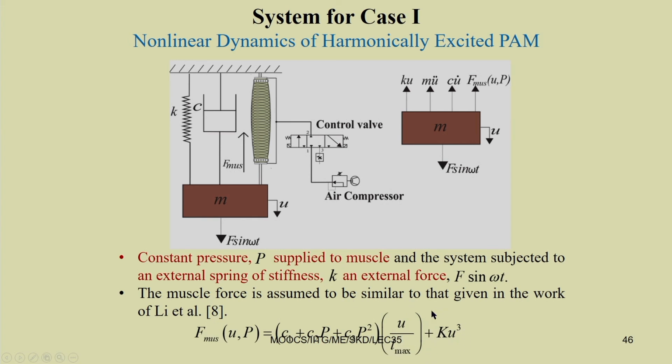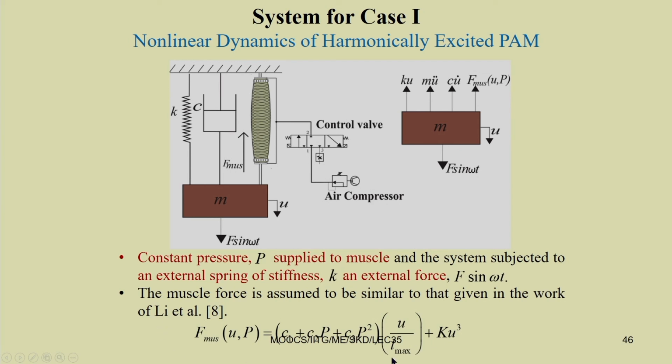So, we have written this using a nonlinear term K U cube, and that means we have taken 4 parameters, C1, C2, C3 and K, to represent this muscle force.